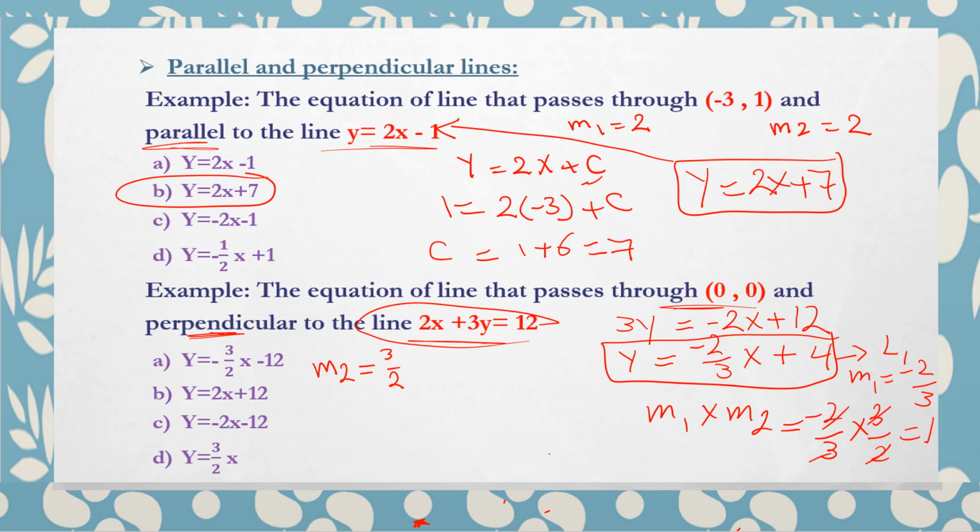So m2 equals 3 over 2. Then the equation of the second line that is perpendicular to this line equals 3 over 2 x plus c. And in order to find c, we would use the point, and here the point is (0, 0), which means that the line passes through the origin, so there is no c. And the equation would be y equals 3 over 2 x. And the correct answer is D.